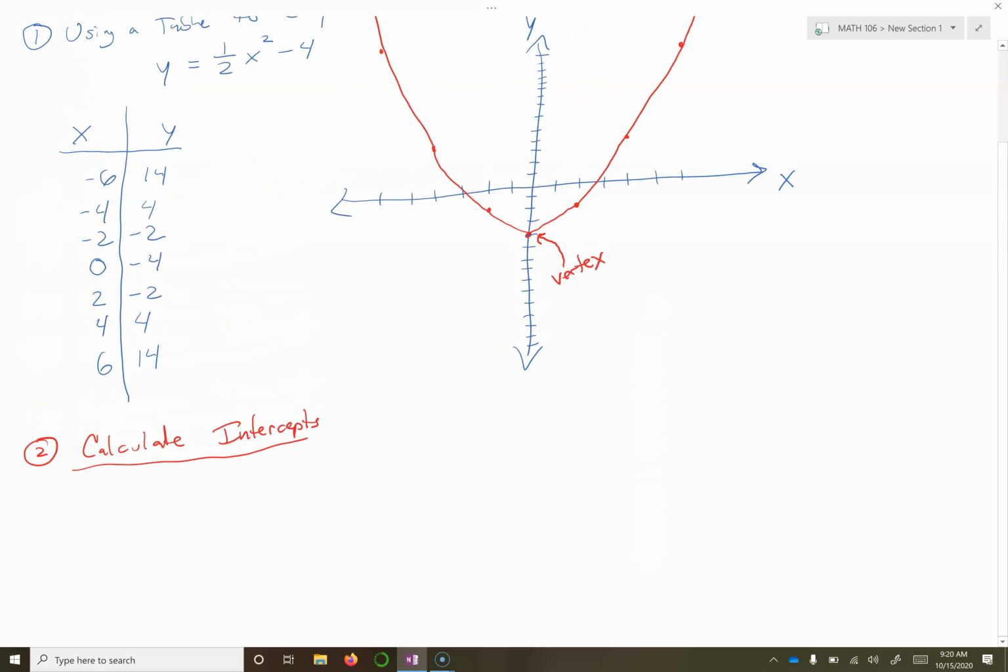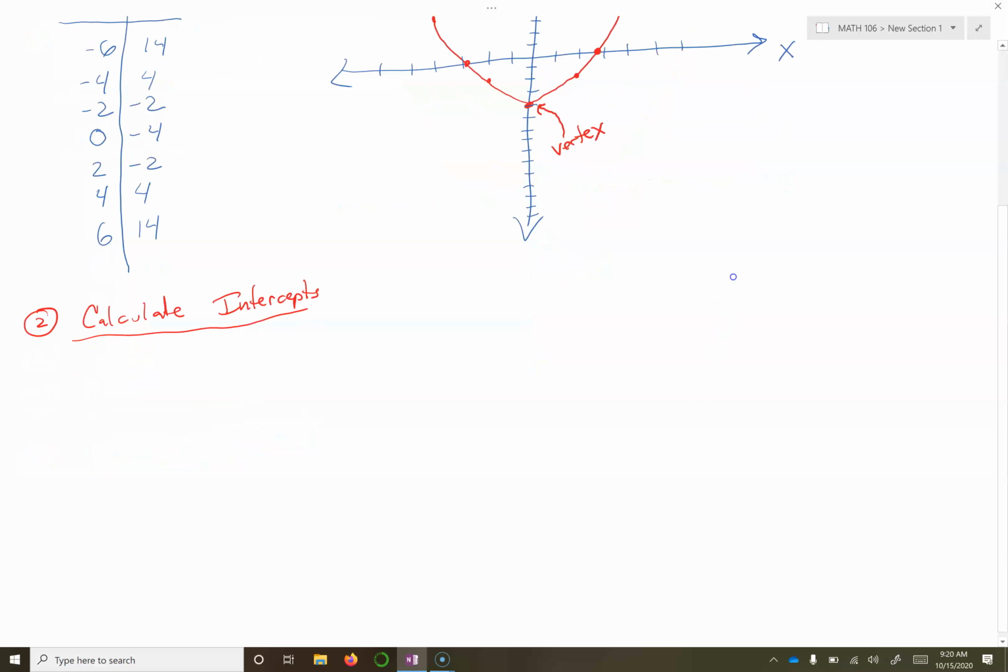I'll just point out in this graph. Right here at the vertex, that's where the graph intercepts or crosses the y-axis. Okay. Right here, which we didn't actually calculate, there are the x-intercepts. It's where the graph crosses the x-axis. So there's a way to find those values.